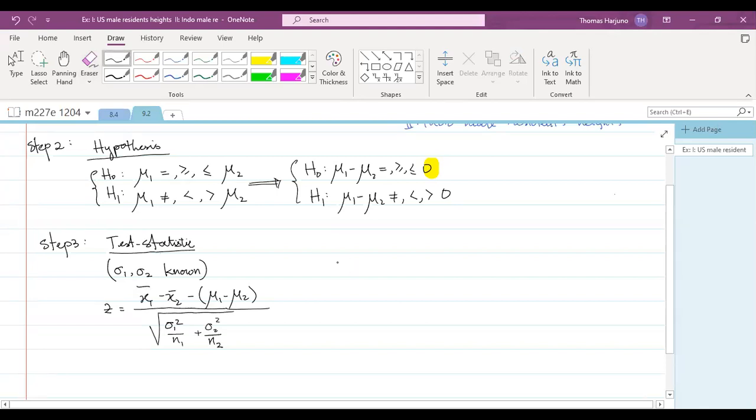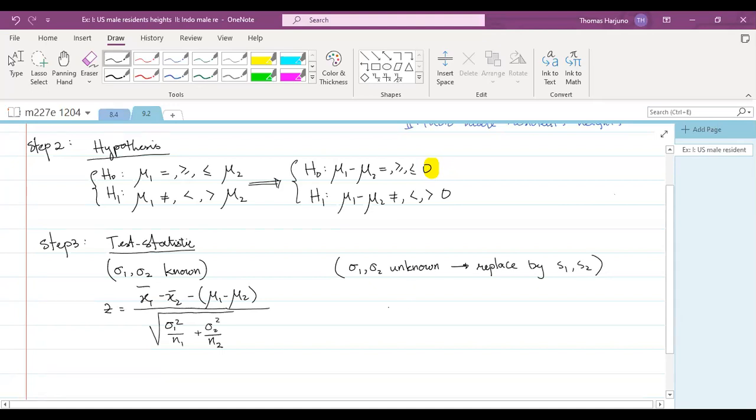However, if sigma 1, sigma 2 are unknown, then we substitute them by the sample standard deviation from each sample.